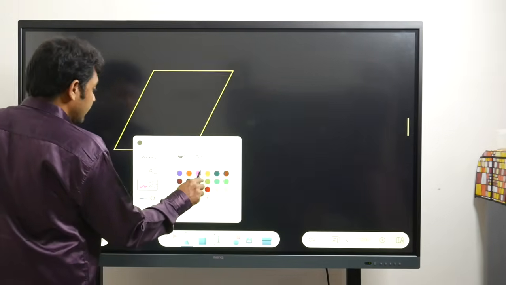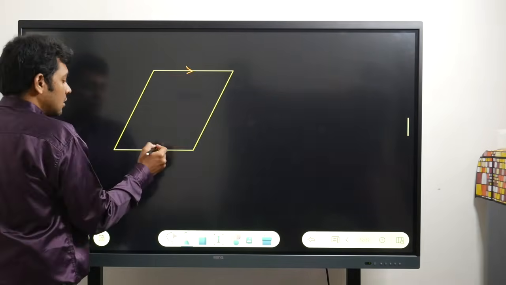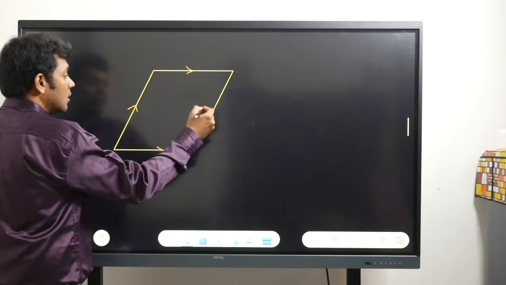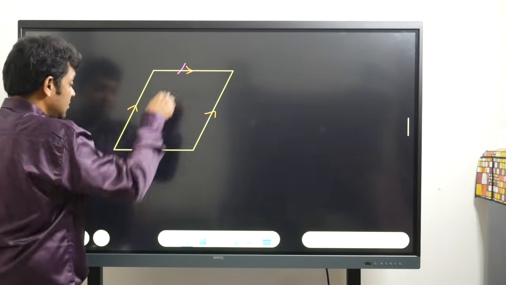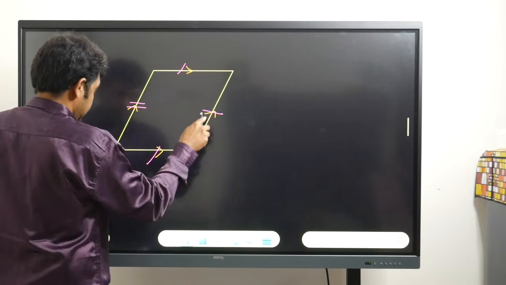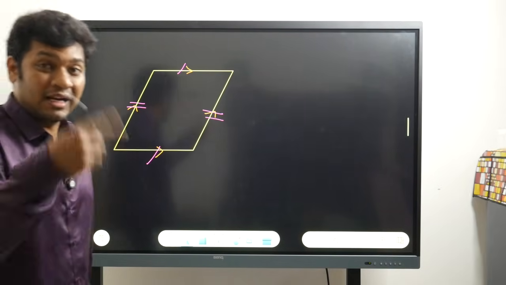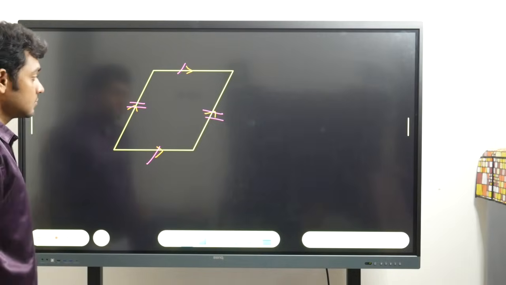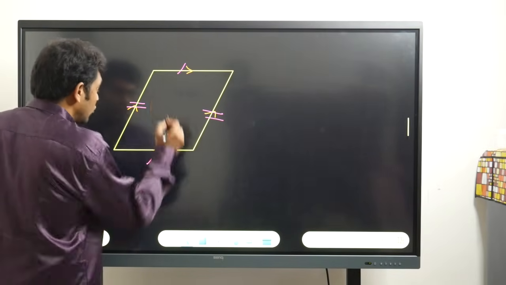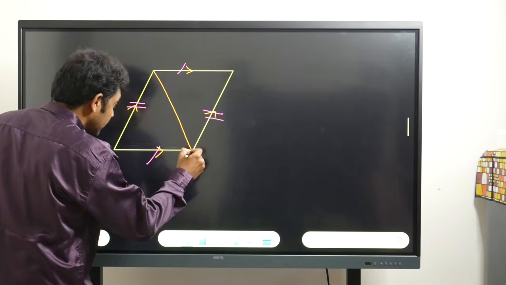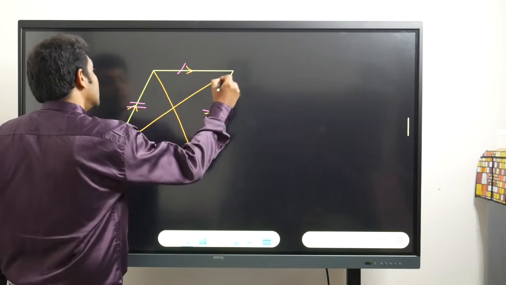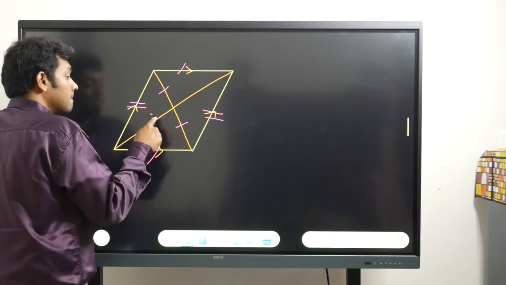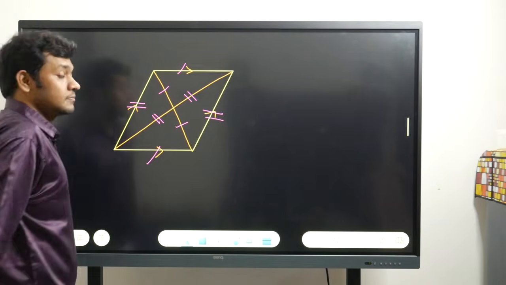In a parallelogram, opposite sides are parallel and opposite sides are equal. That's it. In a quadrilateral, if the opposite sides are parallel and equal, it's a parallelogram. Now further, the diagonals of the parallelogram bisect each other.